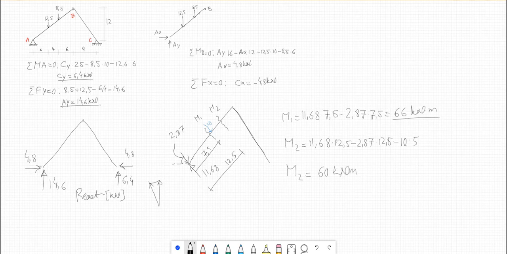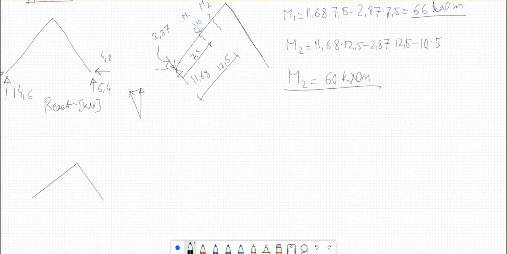So we also found the moment along the beam. So here we can draw the moment diagram. At this point we have 60, how much it was, 66.